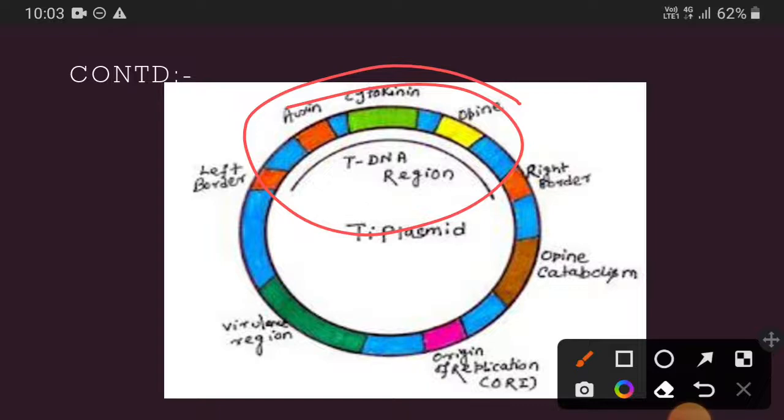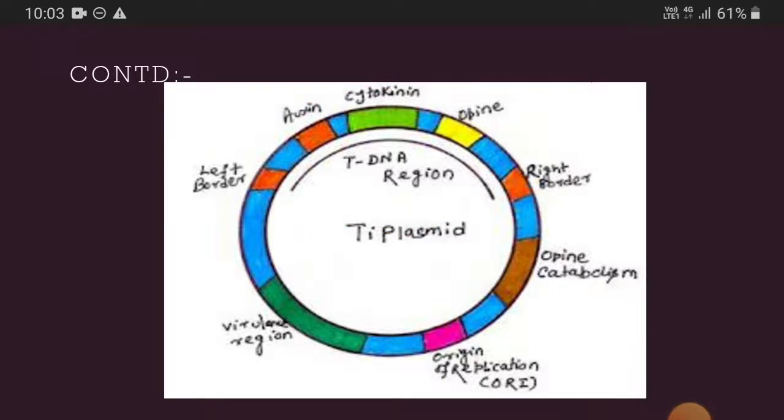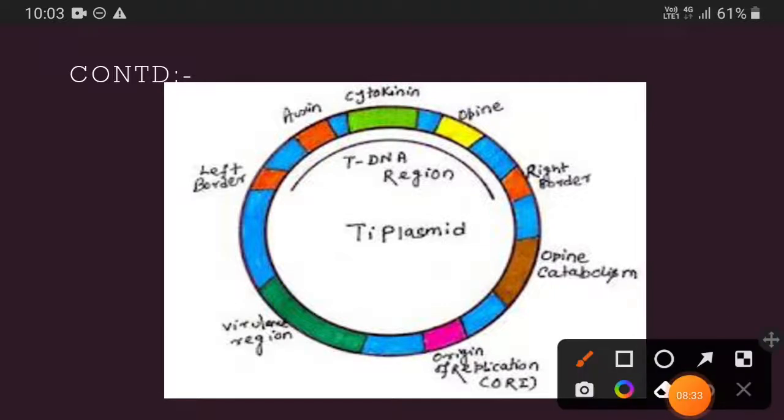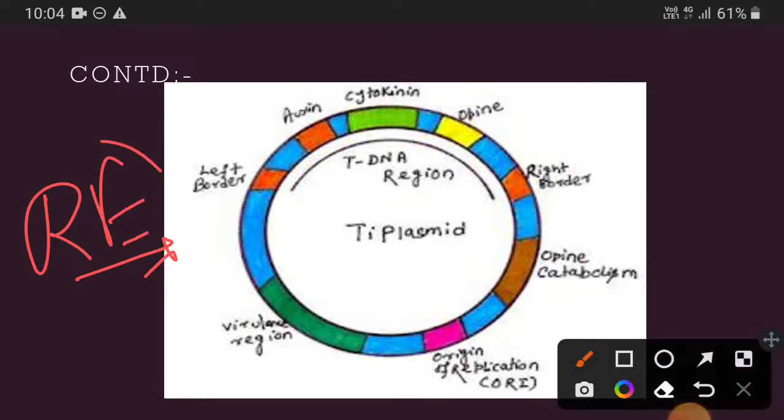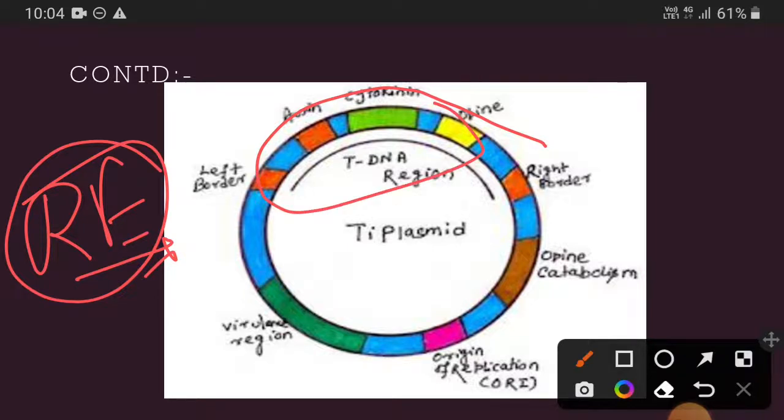so unfortunately it is not as easy as we thought, because there are no such unique restriction sites present here so that we can cut out the T-DNA region.